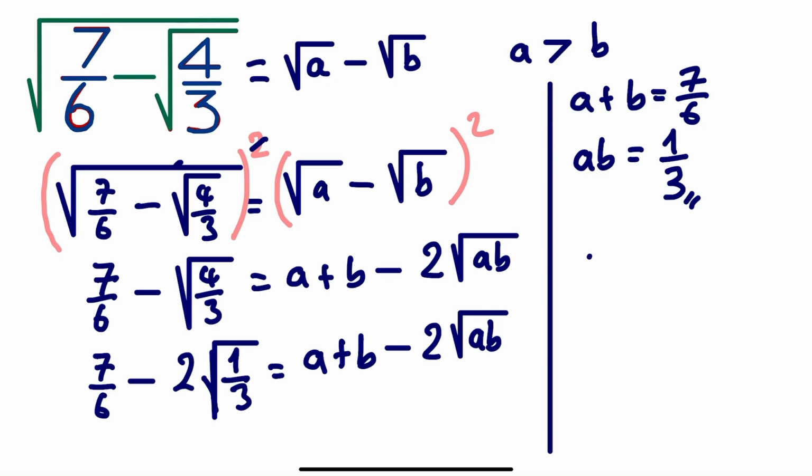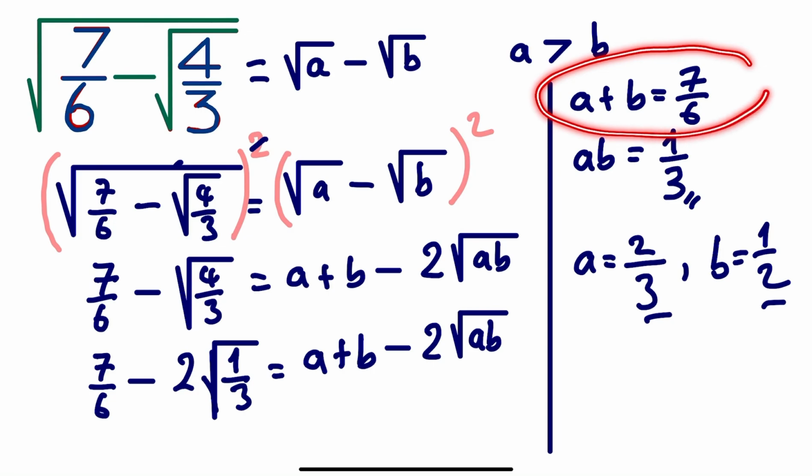If we think about it, we are going to have 2/3 times the value of b, which will be equal to 1/2. If we multiply both numbers, the 2 and 2 cancel, and we'll be left with 1/3. And if we add these two numbers together, it will give us 7 over 6. So a is 2/3 and b is 1/2.